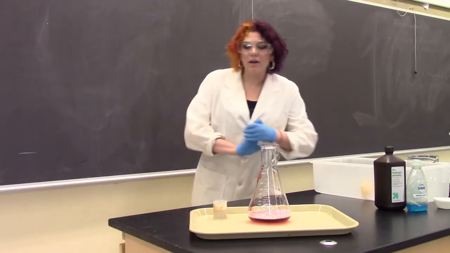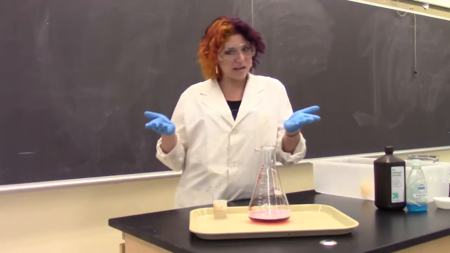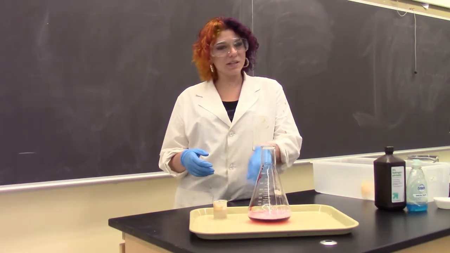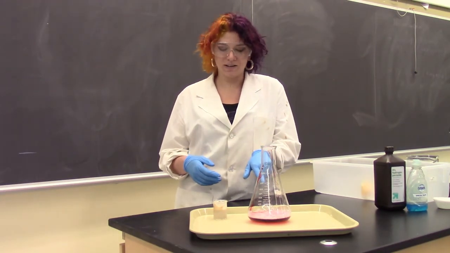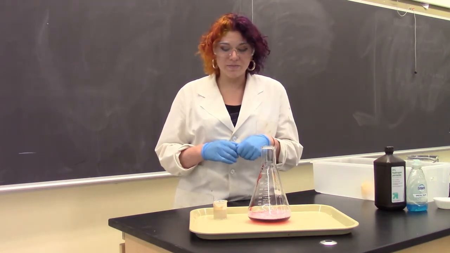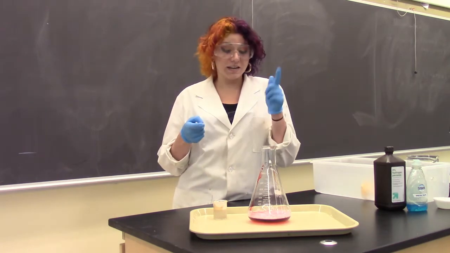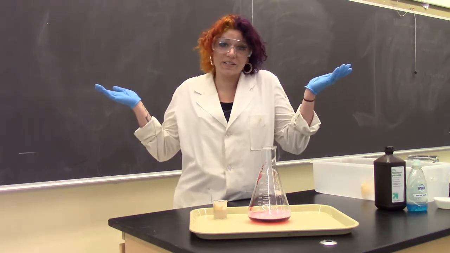Think about your ideas about what the yeast may do. Again, think about baking. What do you think is going to happen in this flask? Maybe you have a good clue, and maybe you're like, I don't know. Part of science is trying to figure out what's going to happen.